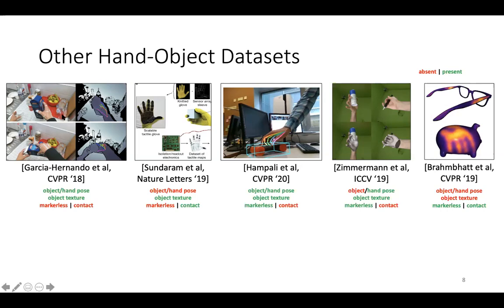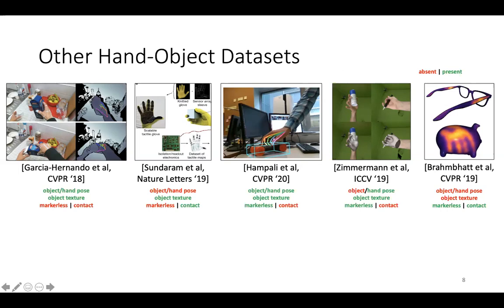For example, the first, second, and third ones that you see here capture the hand pose and object pose using either magnetic trackers, in the first one called the First Person Hand Action dataset, or using complex optimization methods, in the third one called the HO-3D dataset. Then there's the FreiHAND dataset, which also uses optimization methods to recover the hand pose.